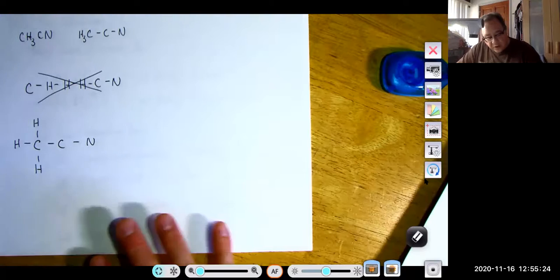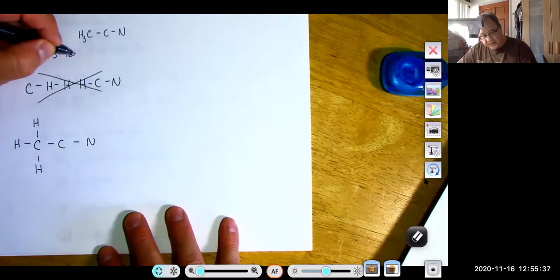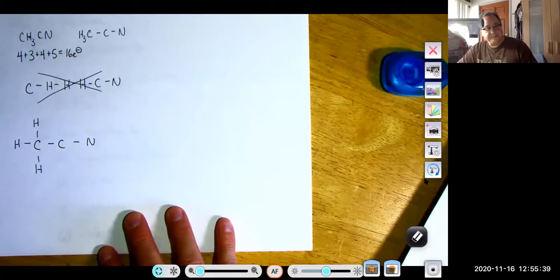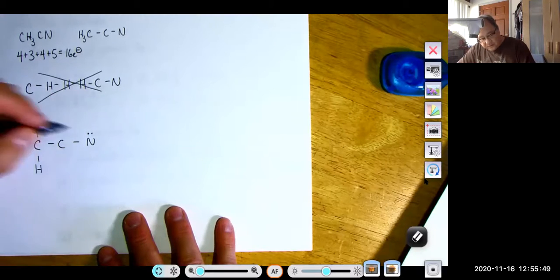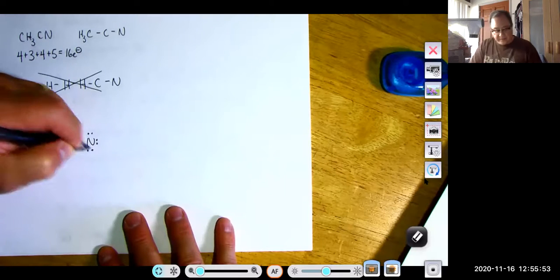If we count electrons, we have 4 for the carbon, 3 for the 3 hydrogens, 4 for this carbon, and 5 for the nitrogen, for a total of 16 electrons. Okay, so far we've used 2, 4, 6, 8, 10, 12, 14, 16.